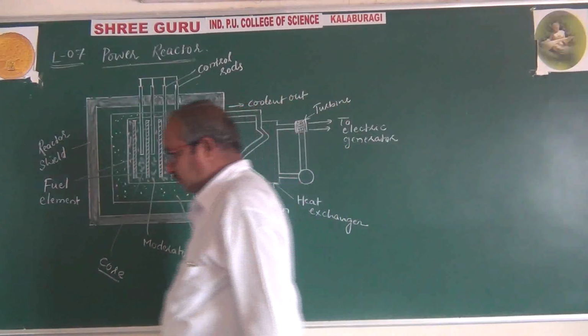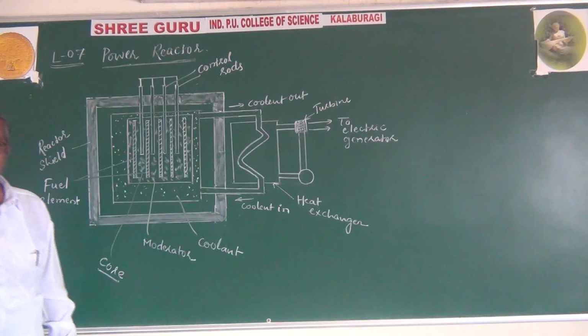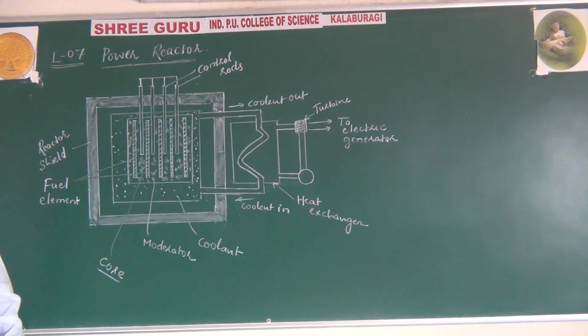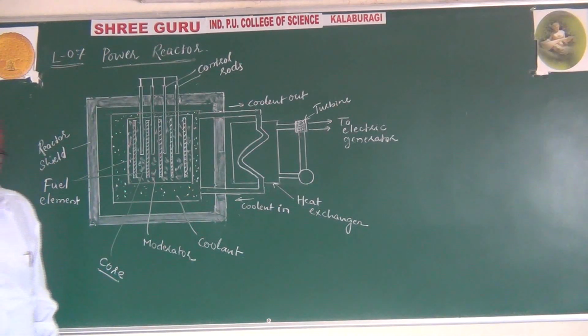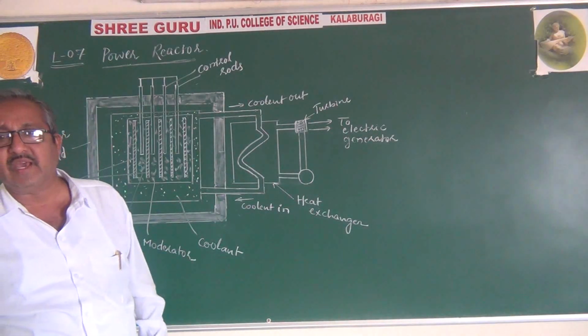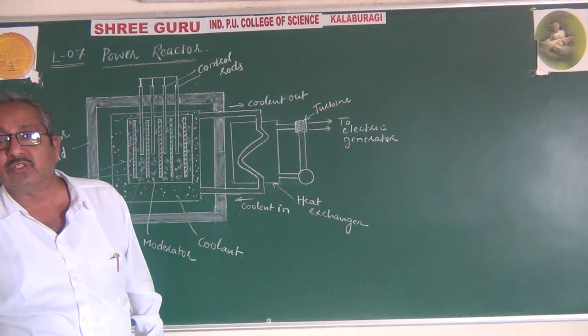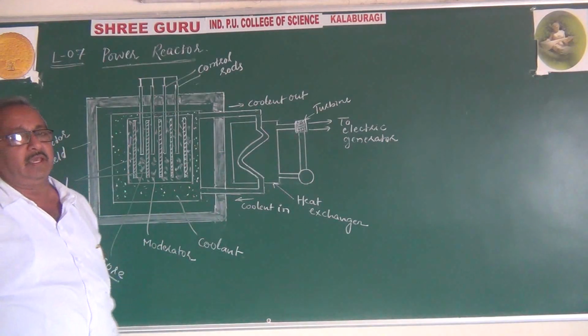A controlled chain reaction can be realized in practice using a device known as a nuclear reactor. A nuclear reactor is a device in which a nuclear reaction, that too a nuclear fission controlled chain reaction, can be realized.